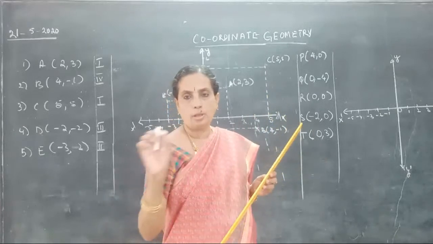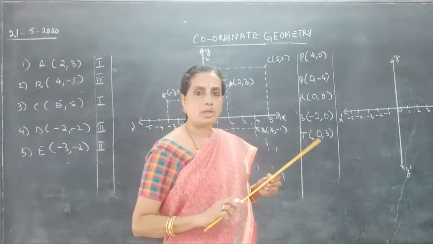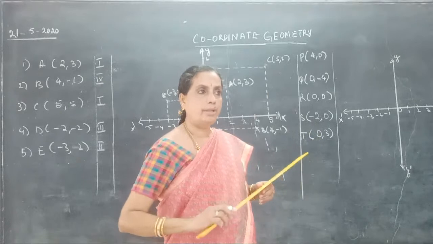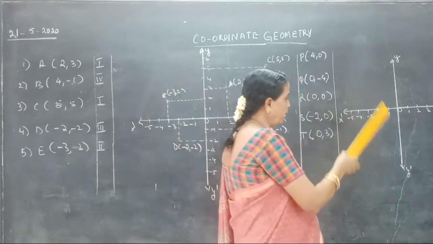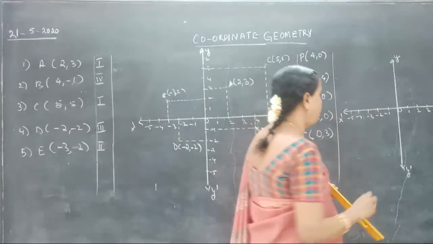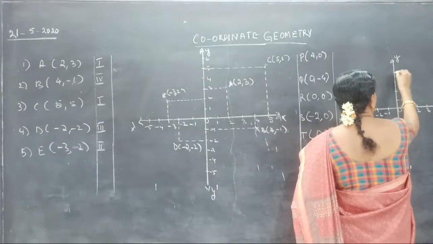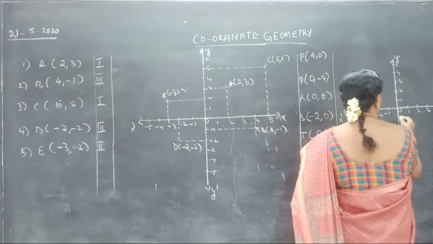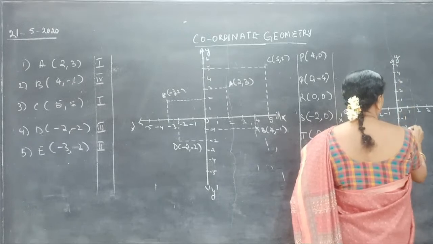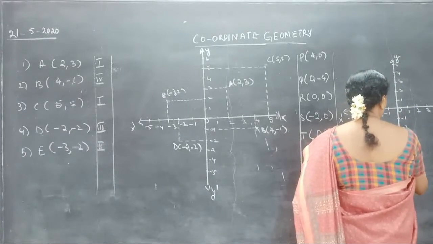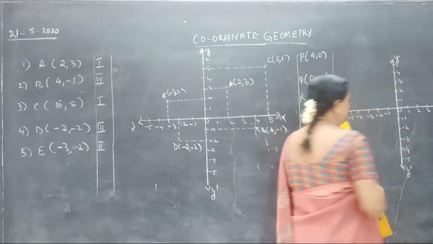You have to put the mark. Don't take too much time for the marking itself. Within a proper time you can have the marking points. Now 1, 2, 3, 4, 5, minus 1, minus 2, minus 3, minus 4, minus 5.